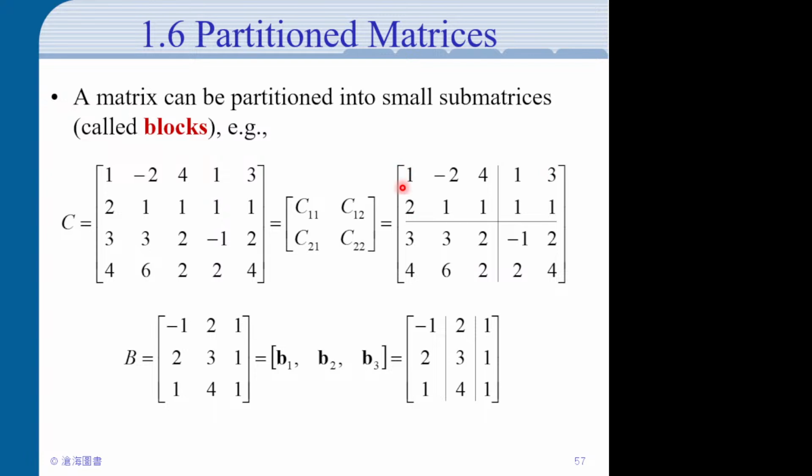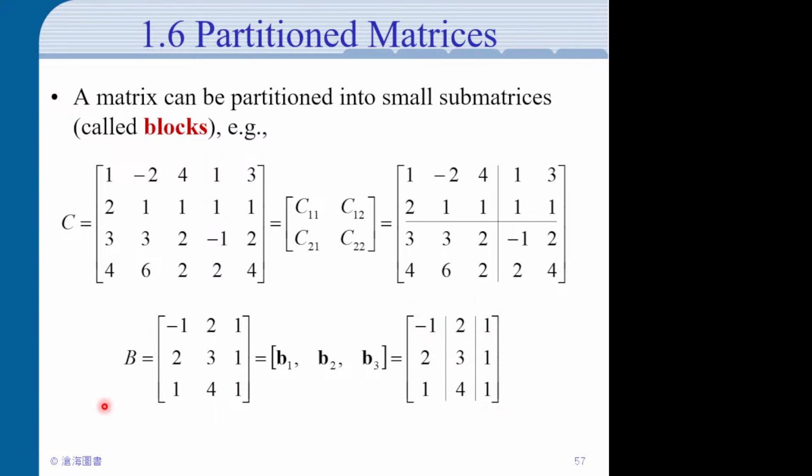C11 is a 2 by 3 matrix, C12 is a 2 by 2 matrix, etc. Another example: you have a matrix P here, and you draw 2 straight lines and partition it into 3 matrices of size 3 by 1. Each block is just a column, so we can think of them as column vectors.